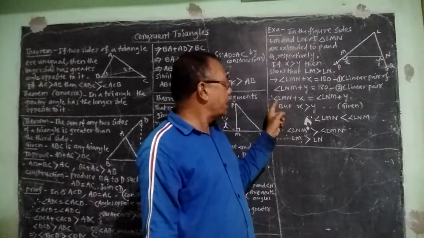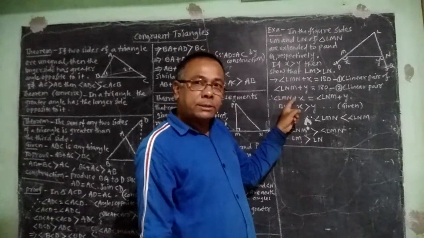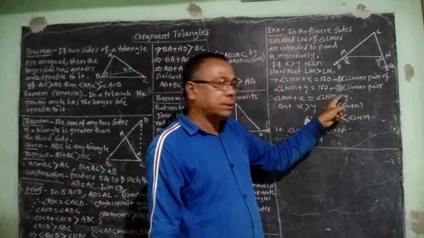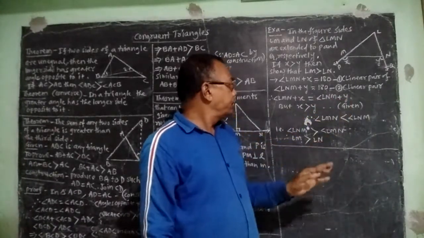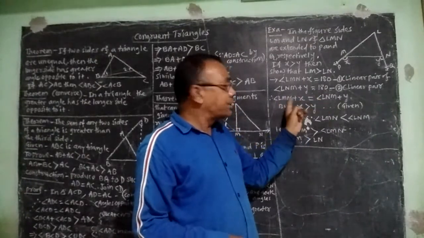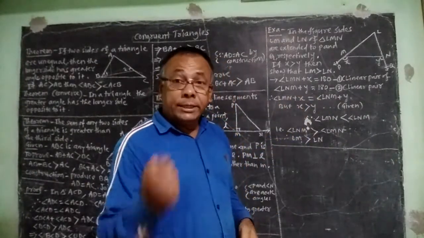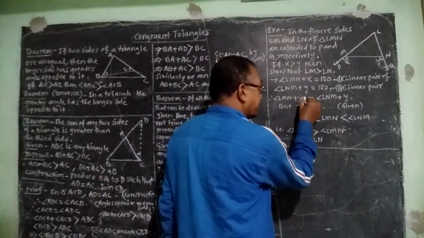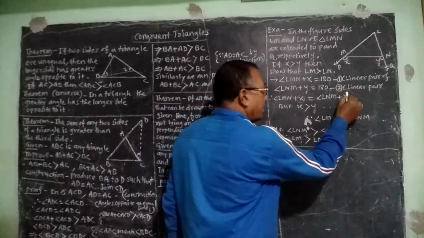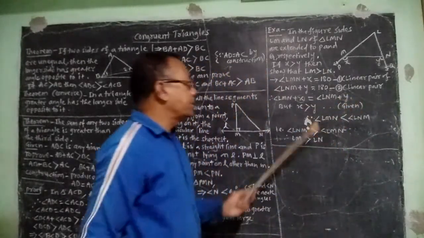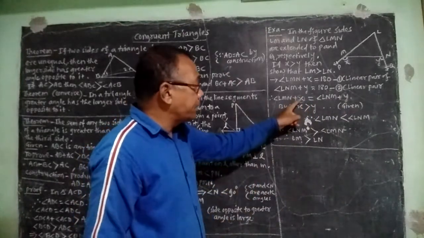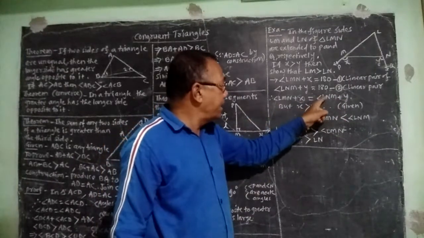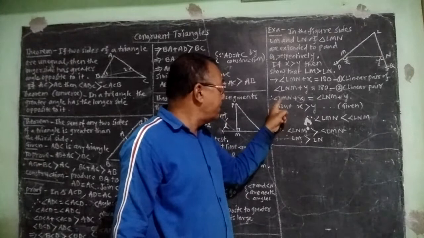So we can write angle LMN plus X is equal to angle LNM plus Y. But it is given that X is greater than Y, so automatically angle LNM is greater than angle LMN.